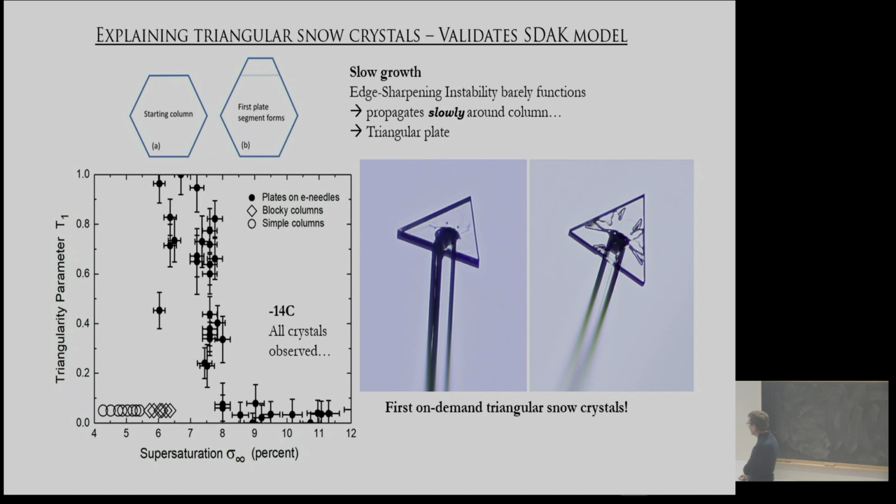This changes a lot, so I was usually over here or down here, and it's pretty uncommon to get exactly that condition unless you go look for it. Now I understand that. Basically, this S-stack model and this edge sharpening instability will explain this too.